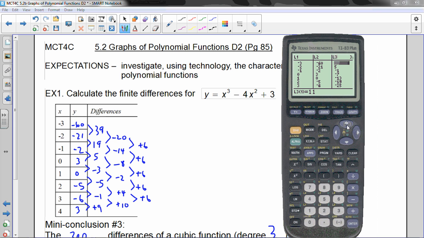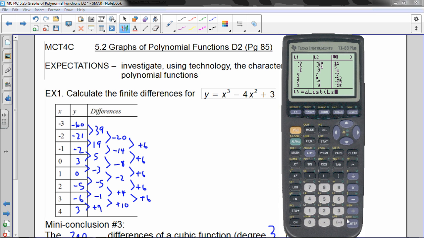And then I have to do my differences in list 3. I go up into the column heading, and I'm just going to have a look, make sure everything's good back there. Okay, I'm in the column heading, then I press second stat to get to the list, over to ops, down to change in list, and I want L3 to be the change in list 2.